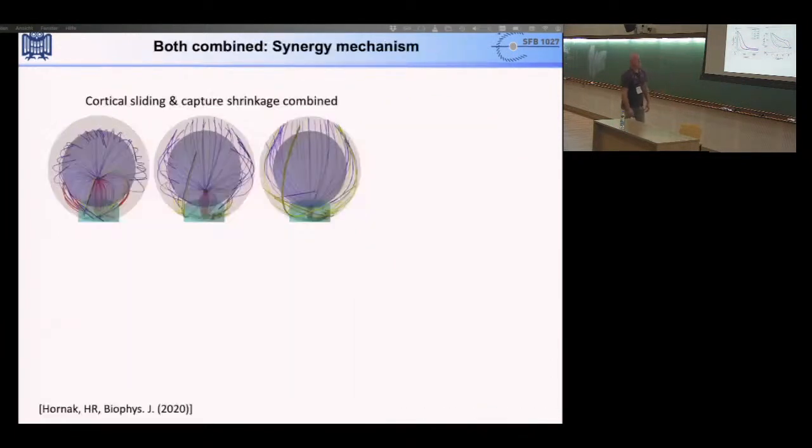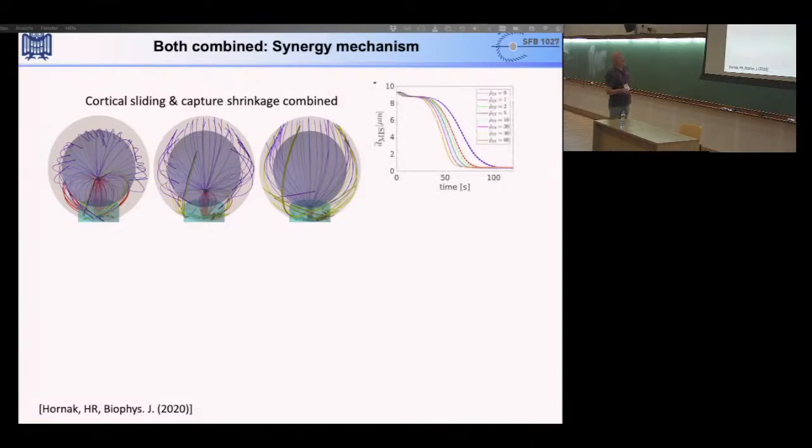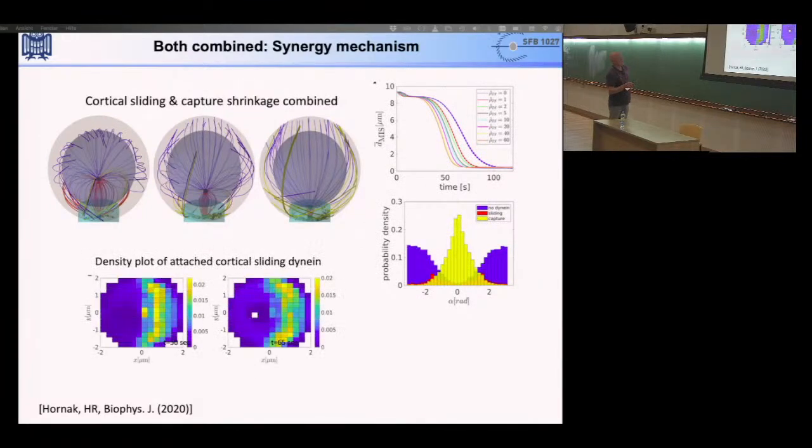But when you combine them both, cortical sliding and capture shrinkage, a funny thing happens. The two mechanisms work in synergy. Essentially, the cortical sliding mechanism will guide the microtubules and catch them a little bit outside, because the capture shrinkage dynein sits in the center, very concentrated, but cortical sliding dyneins are distributed widely over the immunological synapse.